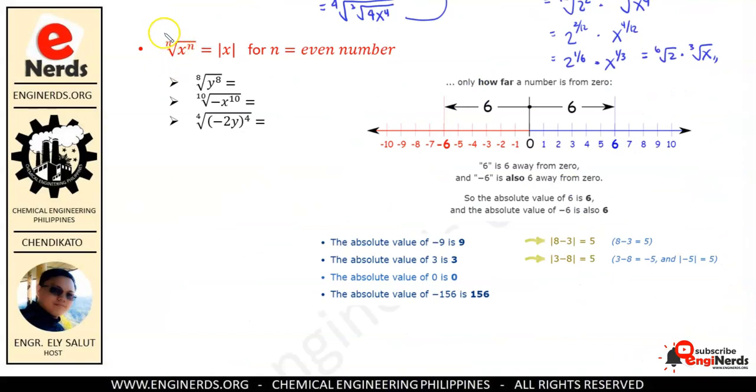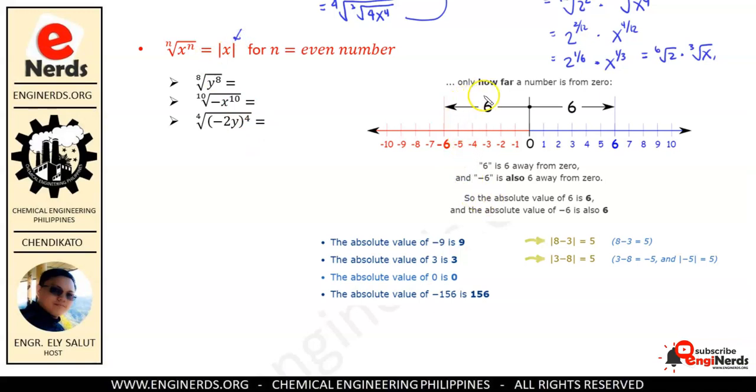That you can see that if you have a radical here wherein your radicand is x to the n at ang index natin is n, the answer will be absolute value of x as long as the n is an even number. So, even number means 2 for everything divisible by 2. Okay, so kapag ang index natin is an even number, this property will be applied. What do we mean by absolute value that we can see from here?